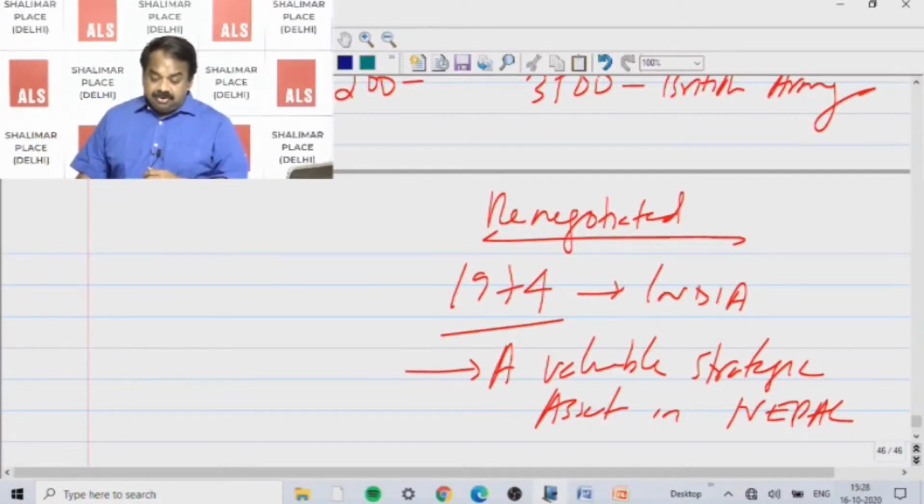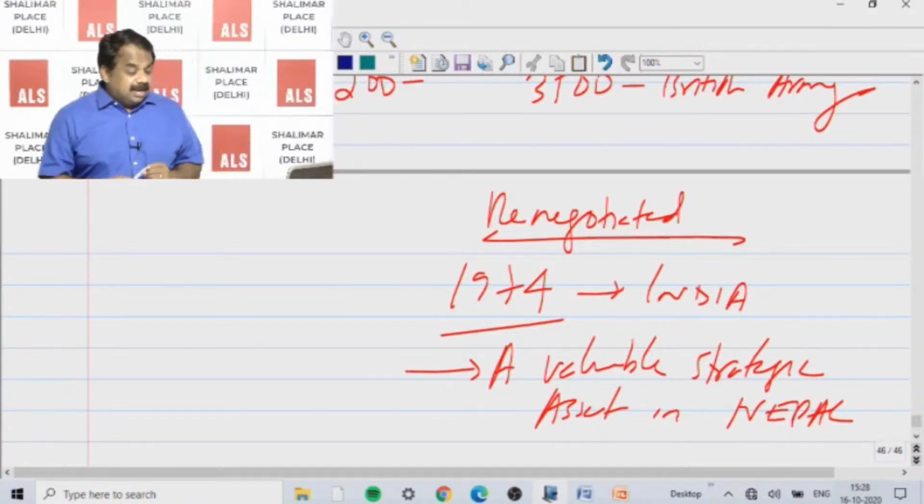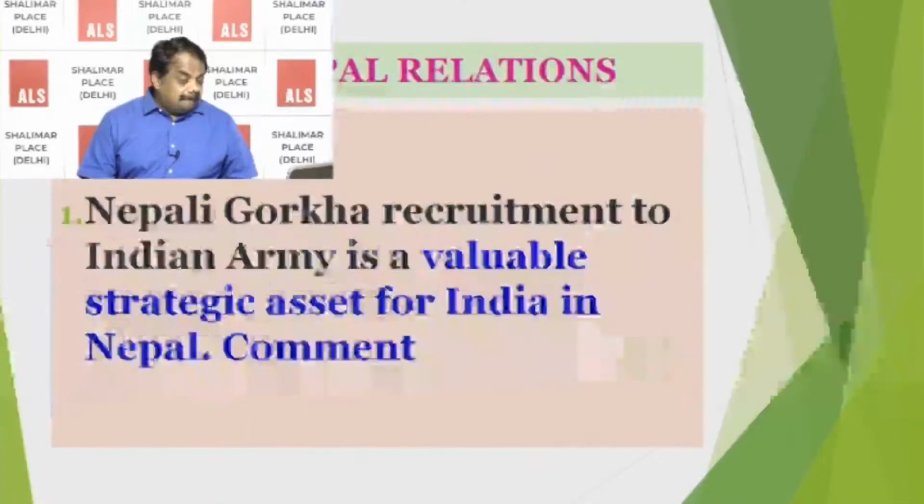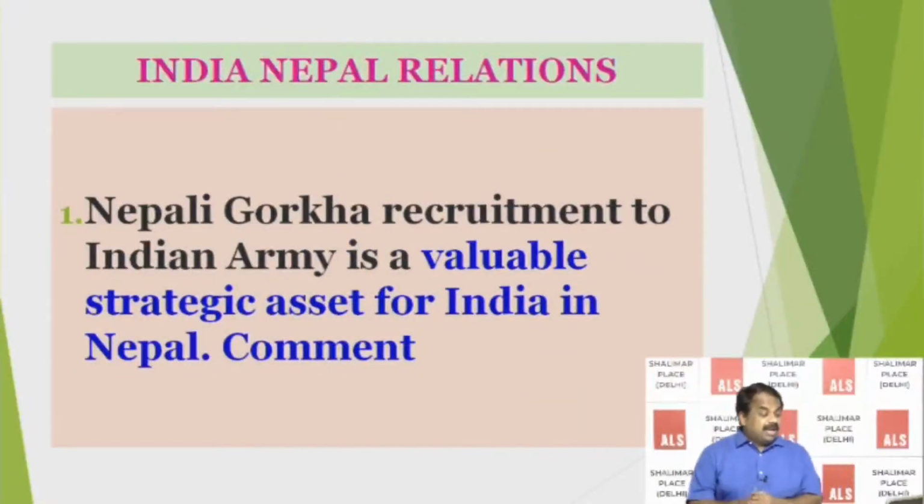That is what is generally felt about it. So the Nepali Gurkha recruitment is a valuable strategic asset for India in Nepal, definitely, and it will help India, and it should continue, no doubt.